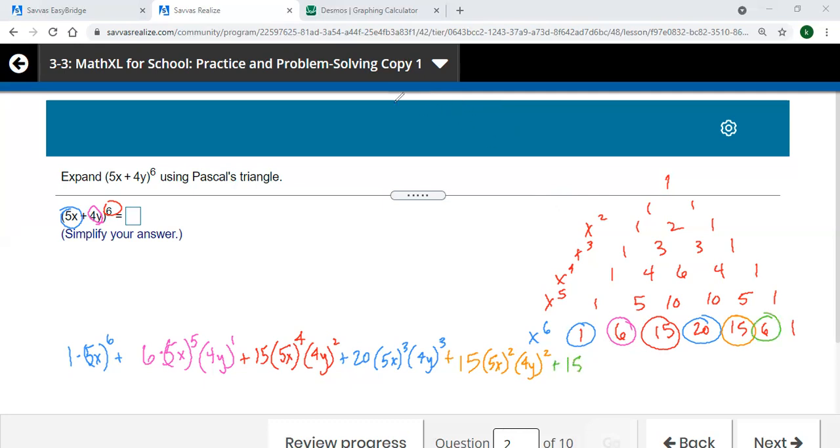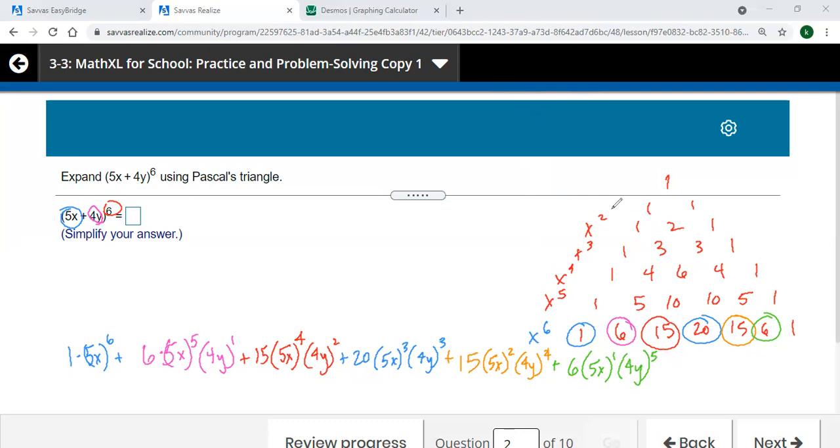oops, not 15. I circled the 6. Until you do one that is this big, you don't really appreciate it. I messed something up back here too, talking and writing. This should have gone up to a 4, because here my 4y is now going to go up to a 5.